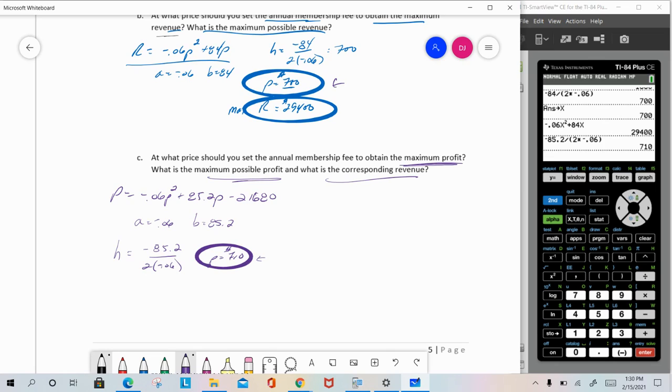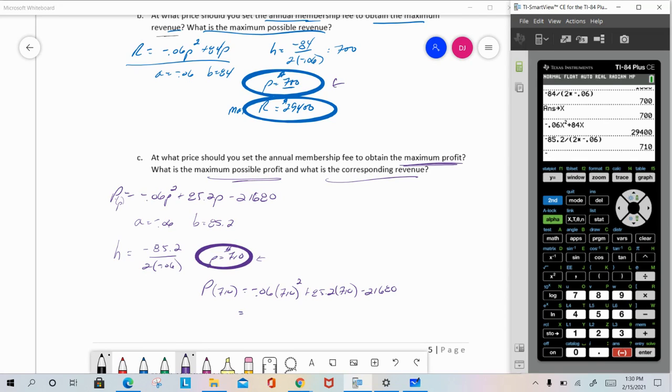What is the maximum profit? Well, this is profit. So we're going to do maximum profit is negative 0.06 times 710 squared plus 85.2 times 710 minus 21,680.